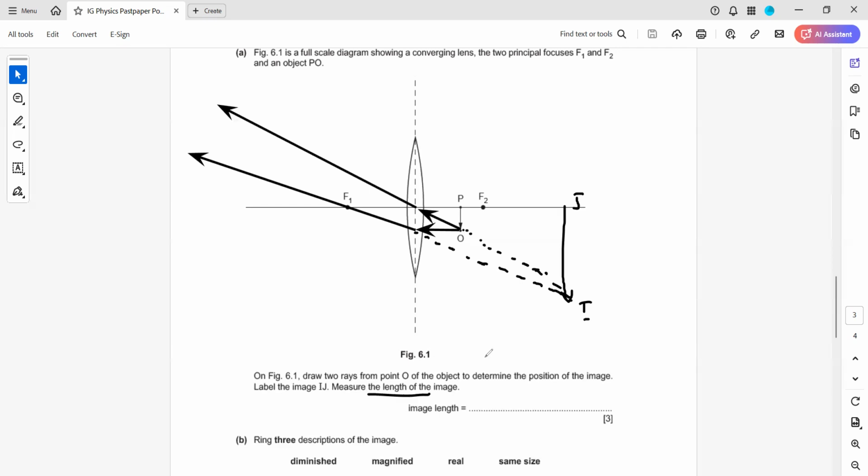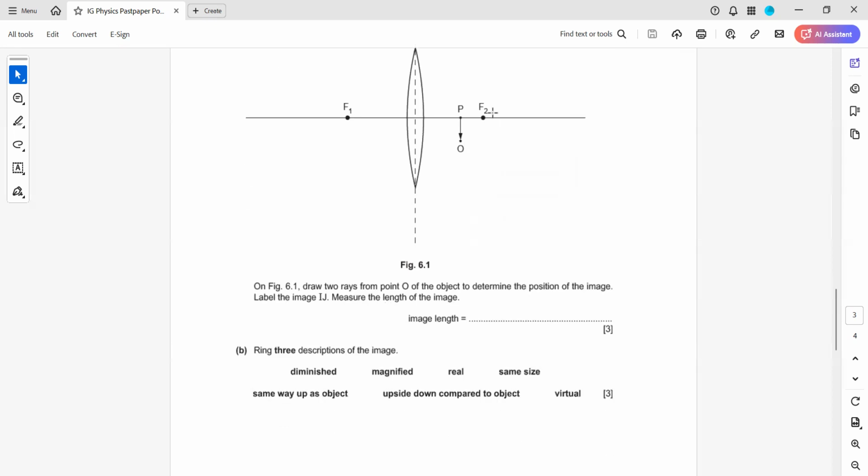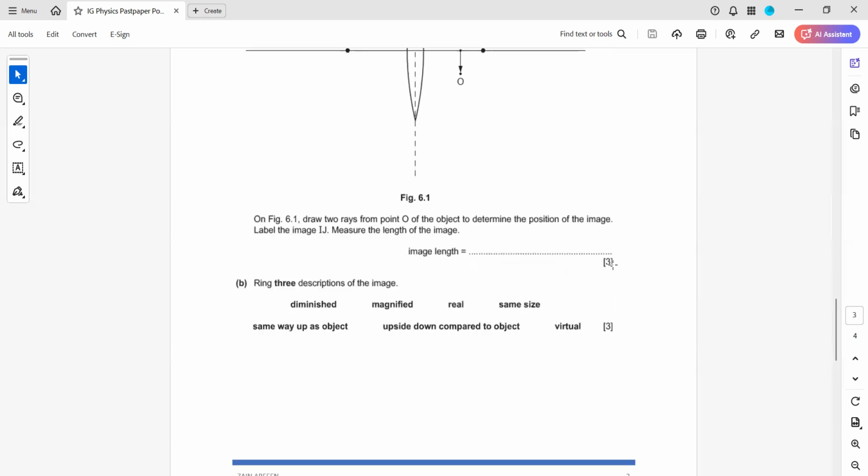And measure the length of the image using a ruler as a scale. But the length will vary according to the scale of the print, so it will not have a fixed length.